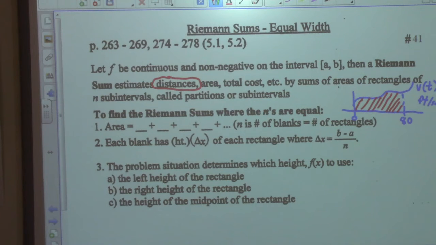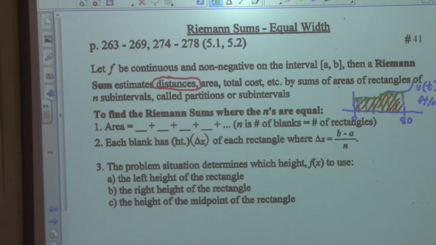So in the example I gave here, if I don't know the equation, I can go ahead and make a rectangle here, and by the rectangle's length and width, I can, let's see, I'm going to use a right Riemann sum. So it'll be this rectangle here, this rectangle here, and this rectangle here.